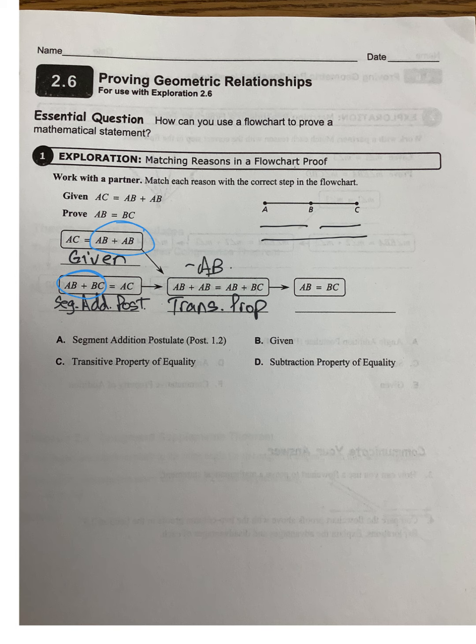We subtracted an AB from both sides. So that left the AB equal to the BC. So subtraction property. All right, so it's not any different than your 2-column proof. You just write it as a flow chart.